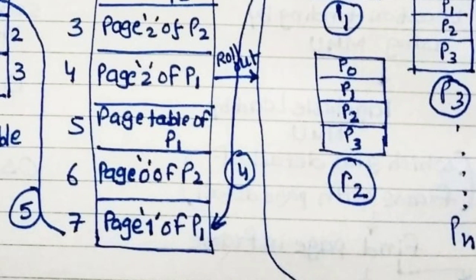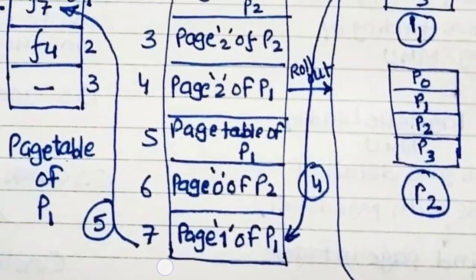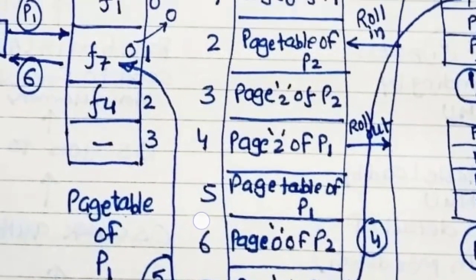Here we insert page 1 of P1 into the main memory. So we update the frame number in the page table.